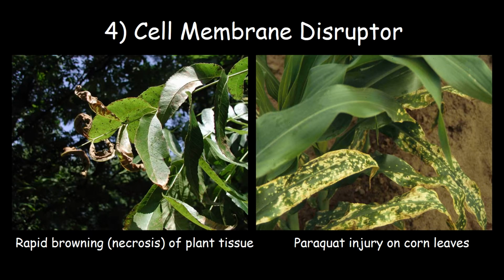Next is cell membrane disruptor. Herbicides in this group are often called photodynamic. They act independently of photosynthesis but require light for activity. These herbicides inhibit the enzyme protoporphyrinogen oxidase, the PPO or Protox, a step in the porphyrin pathway that produces half of the chlorophyll molecule.